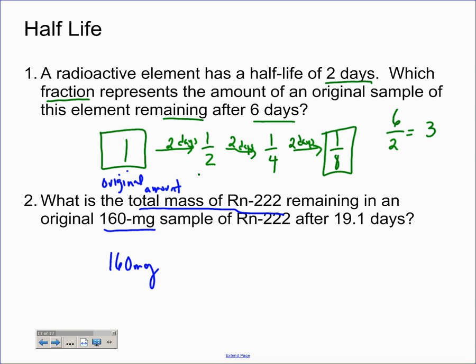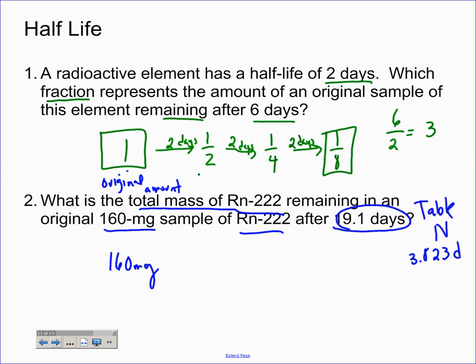Now, it doesn't tell us the half-life here, so you need to go to Table N. And you look up on Table N, radon-222. And you see that radon-222 has a half-life of 3.823 days. And it's asking you how much is going to remain after 19.1 days.